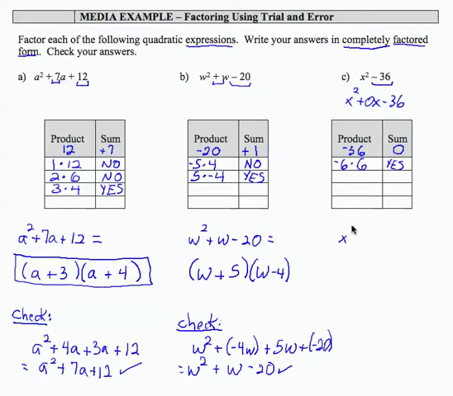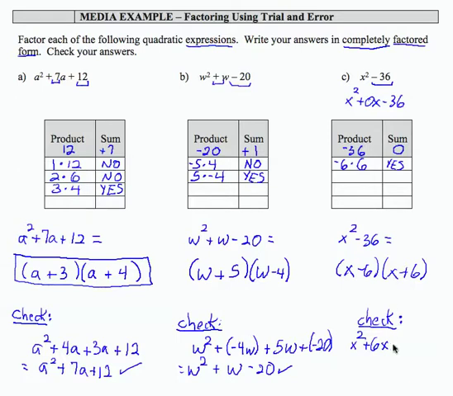So I'm going to factor x squared minus 36 as x minus 6 times x plus 6. So you see where each of these pieces comes in. Then I'm going to check my result. x times x is x squared. x times 6 is plus 6x.